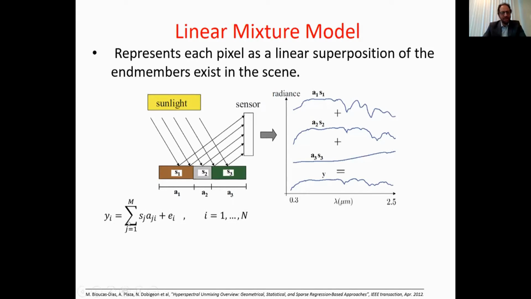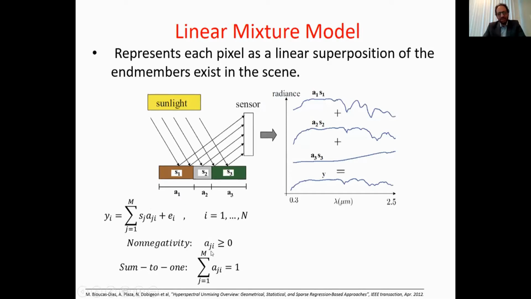So now we can think of every single spectral pixel as Y_i. It is essentially a linear combination of S_j times A_ji, plus noise. And we also need to put some other constraints. So the problem really would be, given these Ys, these spectral pixels, we would like to figure out what are the S's that are available and what are their percentages.